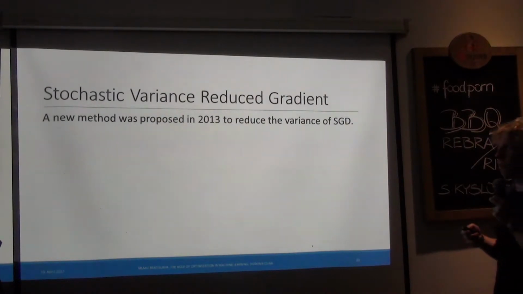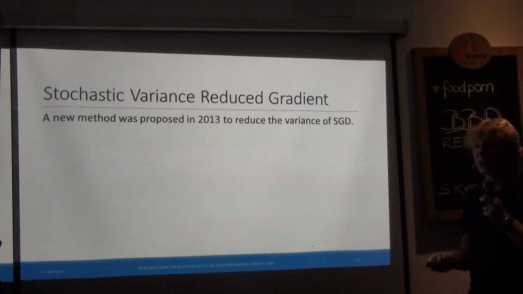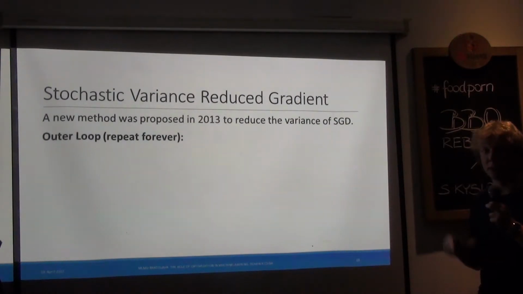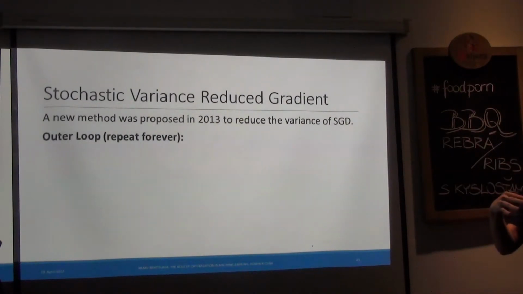So the algorithm is slightly more complicated. It contains 2 loops, not just one, that do this, but do this, then do a lot of that, and then again do the first one, right?